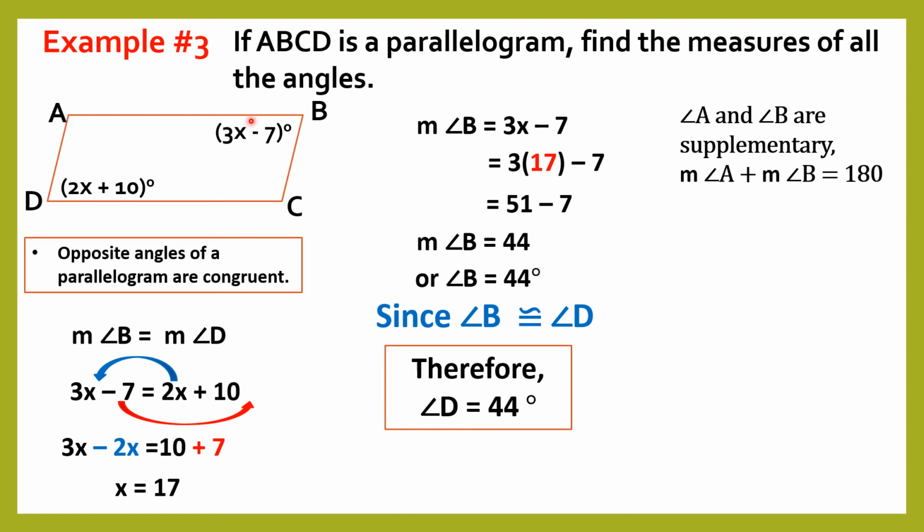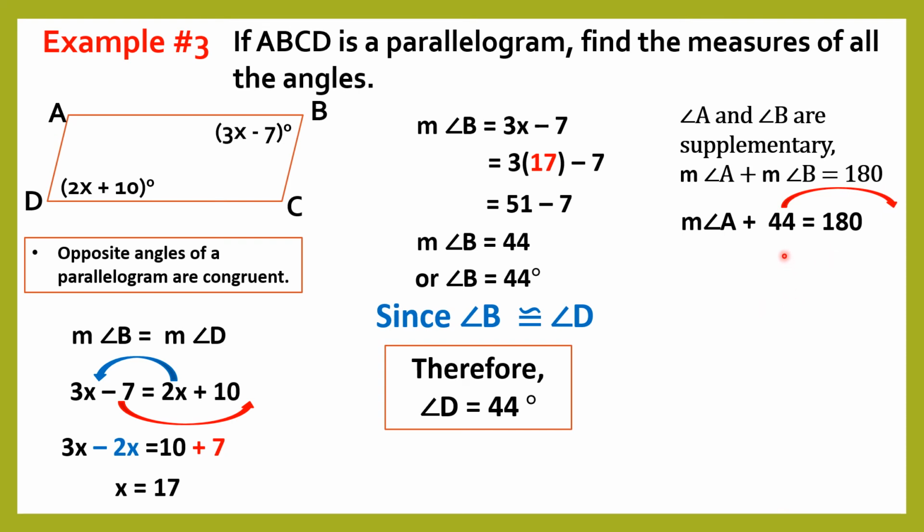So, they are next to each other. When consecutive angles in a parallelogram, they are supplementary. So, the sum of the two angles is 180 degrees. So, the measure of angle A, that is unknown or missing, plus the measure of angle B, which is 44, is equal to 180.